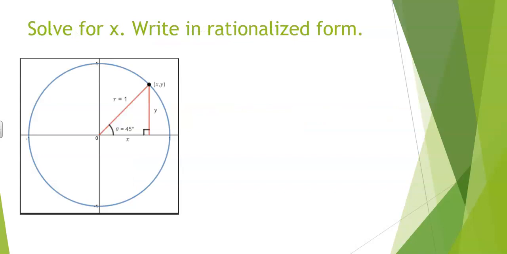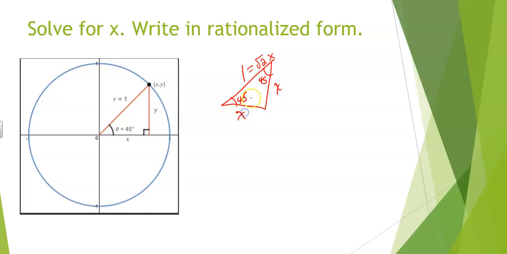Now, in a unit circle, we know that the hypotenuse is 1. So if you think about this as a 45, 45, if this is 1, and let's say this side is x, that's the same thing as square root of 2 times x, right?